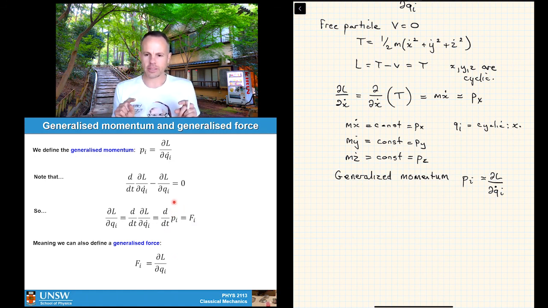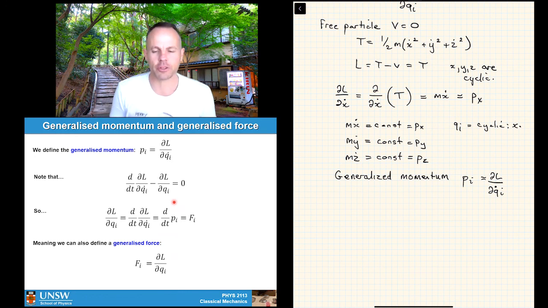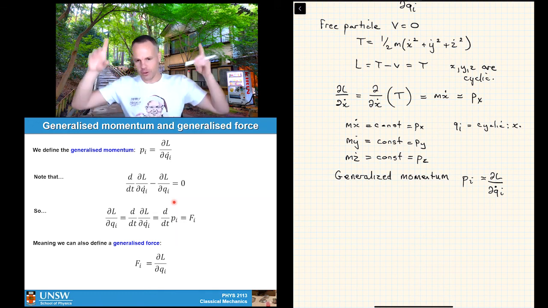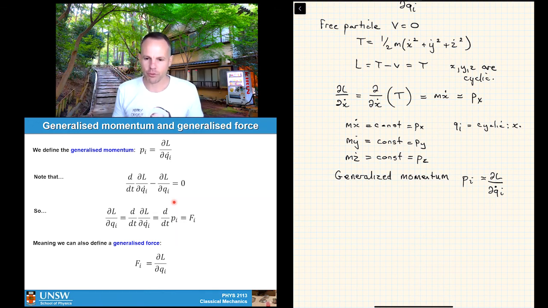In other words, it's F equals ma. It's just Newton's second law, okay? So really, we went to all this effort to work out the Lagrangian principle of least action, Lagrangian paths, these sorts of things. And what we end up with in the end is an equation that basically just tells us Newton's second law, okay?